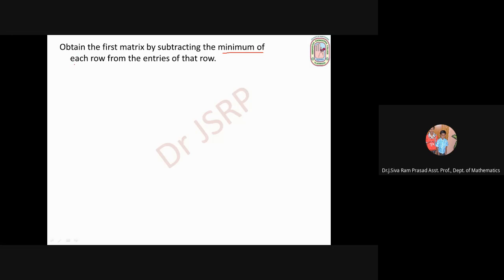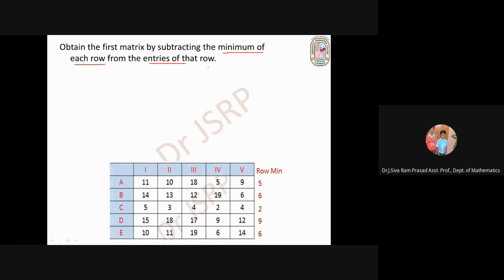So the first step in the Hungarian method is to obtain the first matrix by subtracting the minimum of each row from the entries of that row.